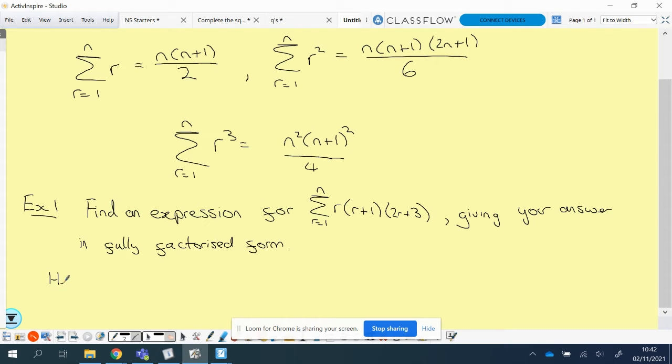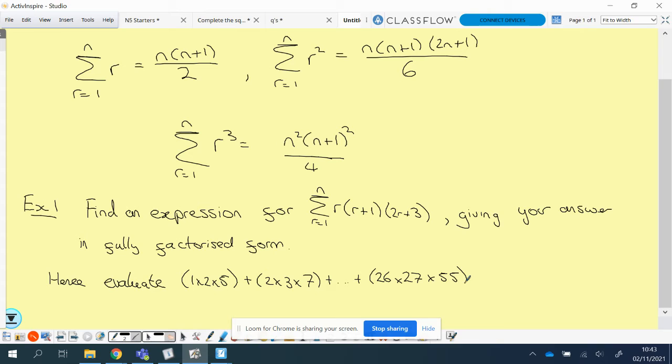Second part will be hence evaluate (1 times 2 times 5) plus 2 times 3 times 7 plus all the way up to 26 times 27 times 55.